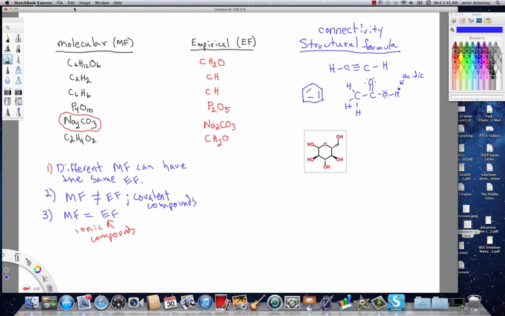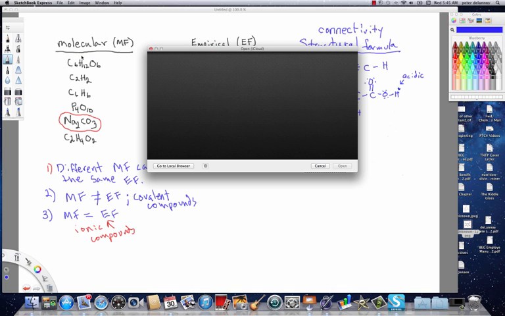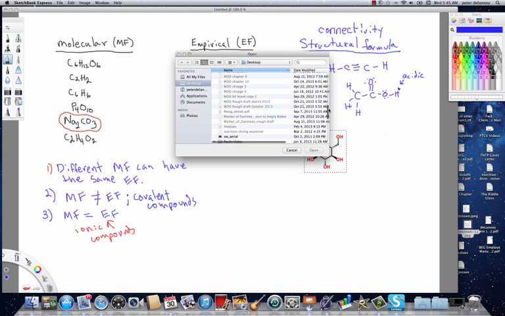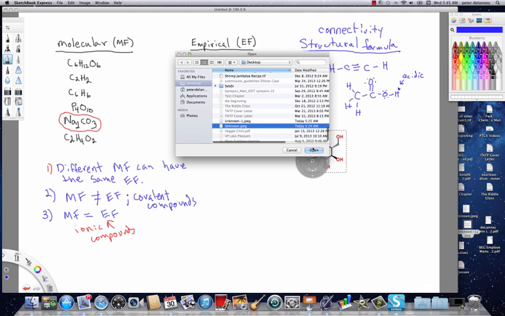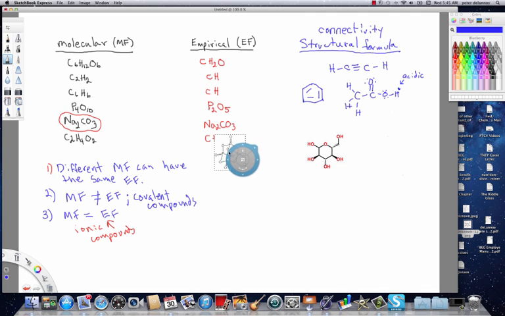Just bear with me while I bring in the next one. And this is the P4O10. All right, so this is my glucose.